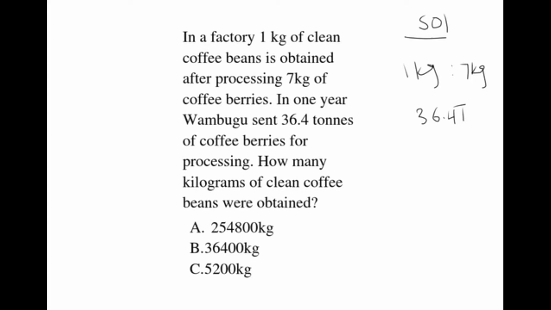We know that 1,000 kilograms make 1 ton. Therefore, convert these 36.4 tons into kilograms. We can now cross multiply. We have 36.4 times 1,000 over 1.